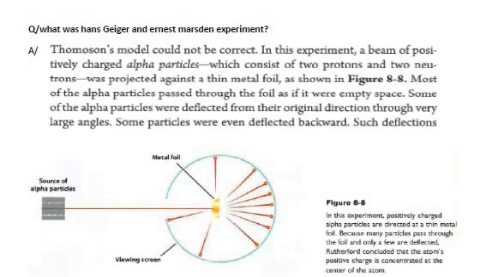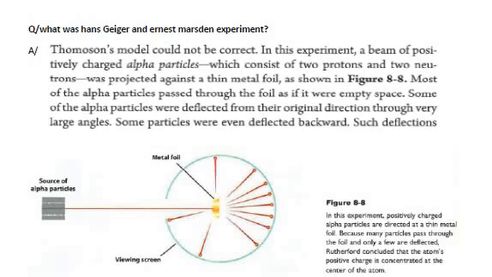According to Thomson's model, if we incident alpha particles into, for example, a metal foil, those alpha particles should directly pass through that metal foil without scattering or reflecting back. But when they did this experiment, as we can see, those alpha particles were scattered into many directions, and some even reflected back.